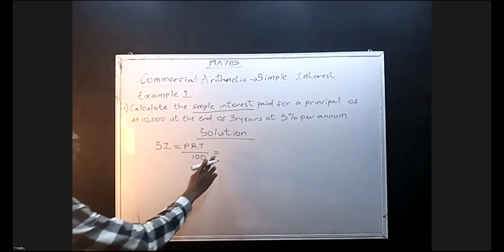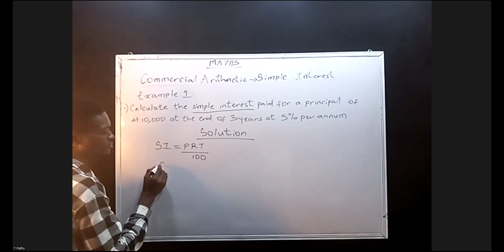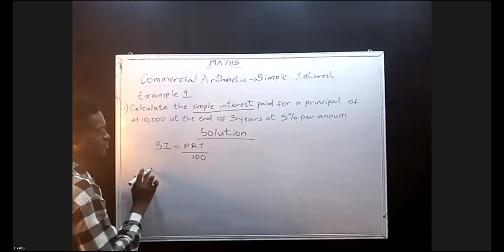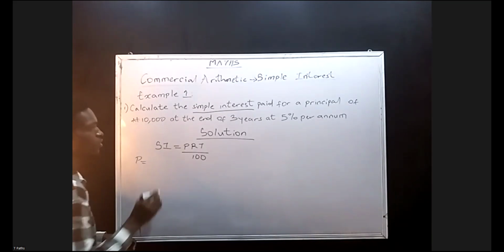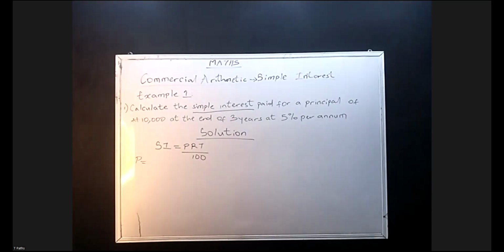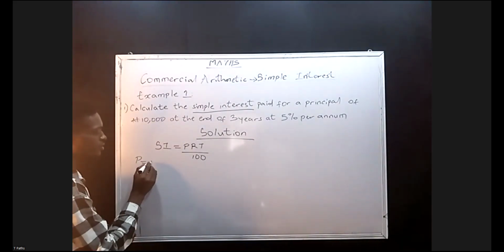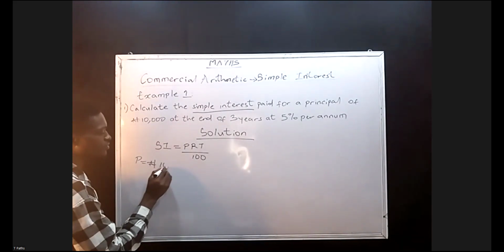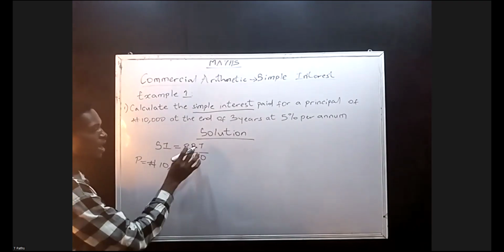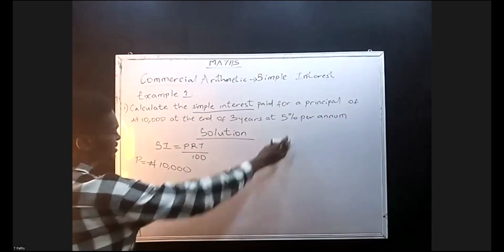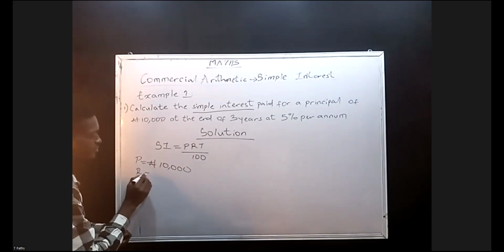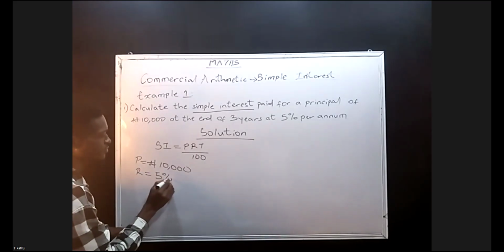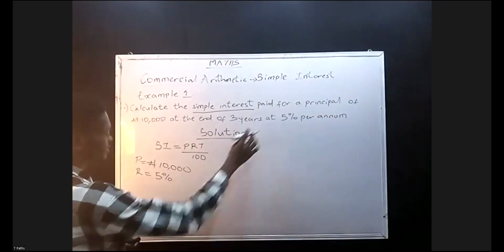Now, what's our P in the question? What's our principal in the question? 10,000. Our principal is 10,000. Our rate is given as 5%, and our time is given as 3 years.